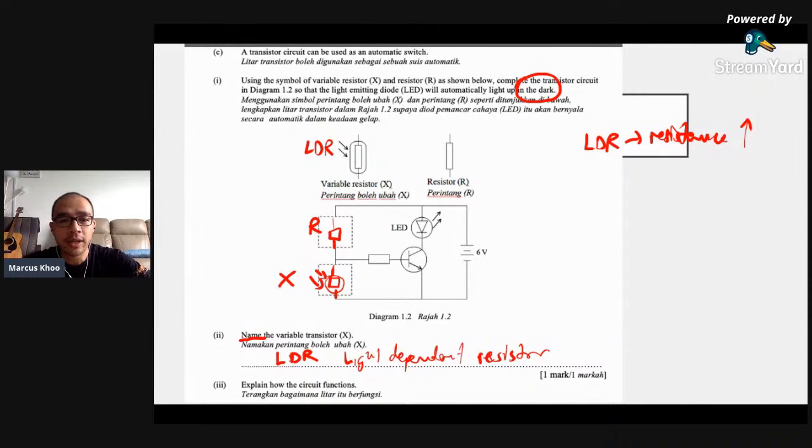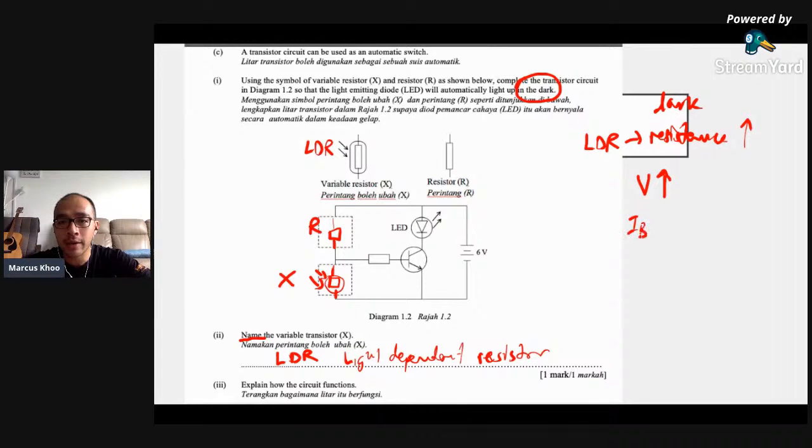Okay, how the circuit functions, we need to remember this important characteristic of the LDR. When it is dark, the resistance of the LDR will increase. Because the resistance of the LDR increases, the voltage supplied to the resistor will increase.